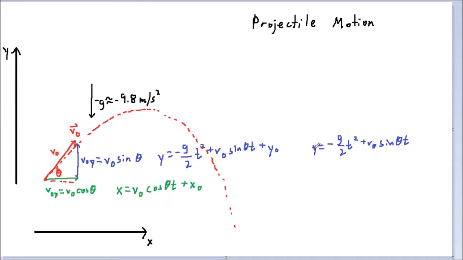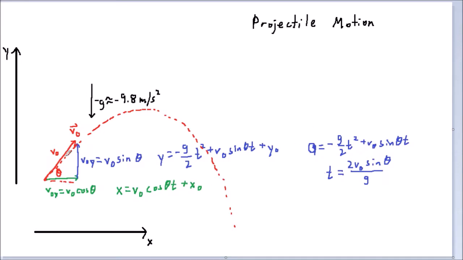So I'm going to replace this y with a 0 right here, and we're going to solve for t. Well, we can move this g over 2 over, and then divide both sides by t, then divide both sides by g over 2. And then we're going to have that t actually equals 2 v naught sine theta over g. It takes this long for our projectile to get back to this initial altitude of 0.